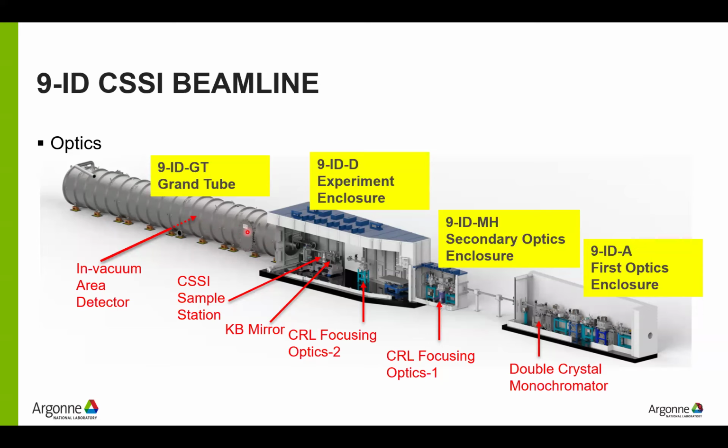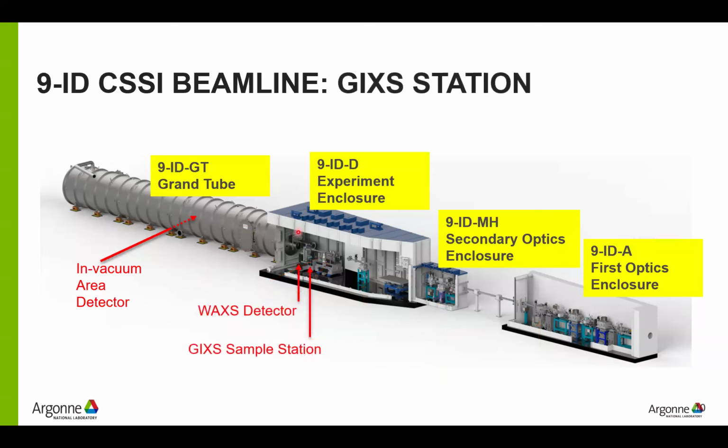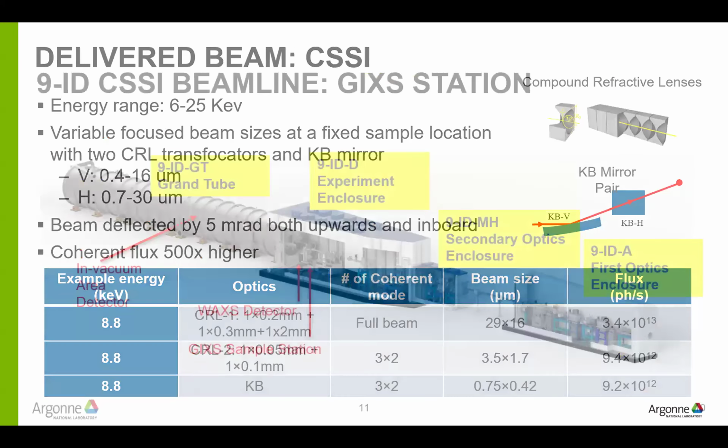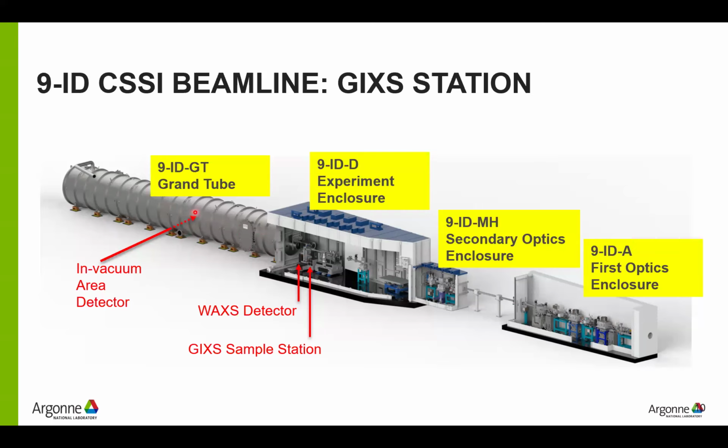Okay, and then the focus of this talk, grazing-incidence scattering, just downstream of the CSSI sample station in line, is the grazing-incidence scattering sample station, and also an in-air detector for GI-XPCS. Okay, so I'll tell you more about that. Oh, and the same detector for CSSI is also our GIXS detector.